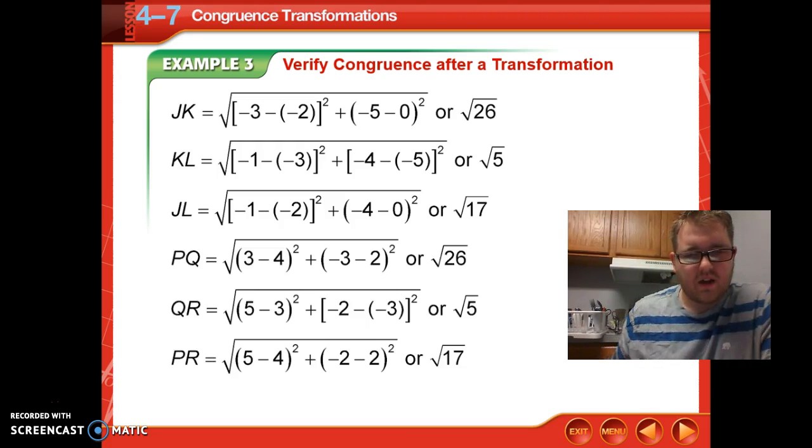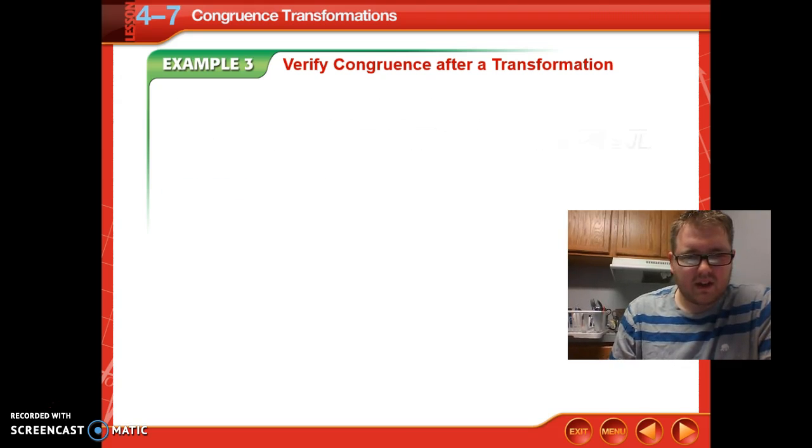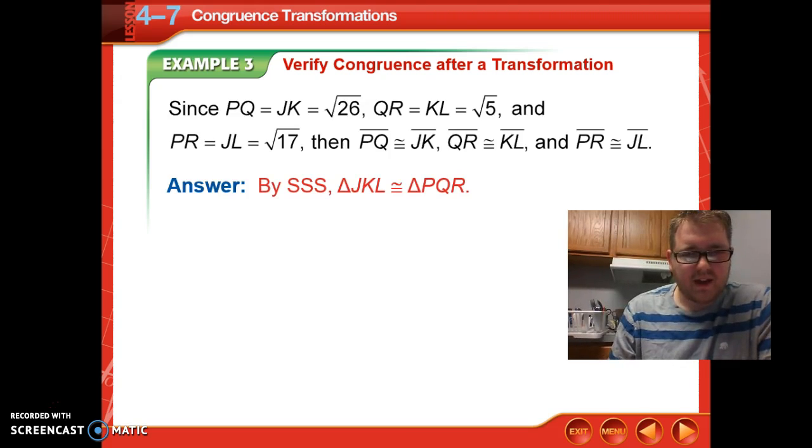I'll let you work out the math if you need to, but as you can see, for PQ, QR, and PR, the sides of the image, we also get those same values. So that is going to verify for us that each side of each triangle is congruent, and therefore that this translation is a congruence transformation. We know that by, remember our theorem, side, side, side.